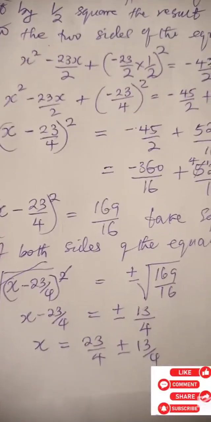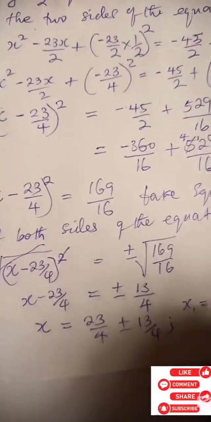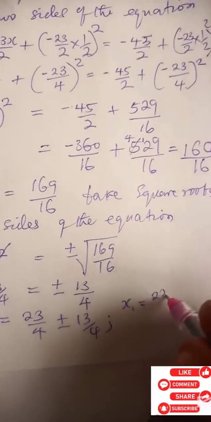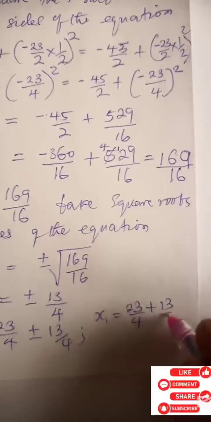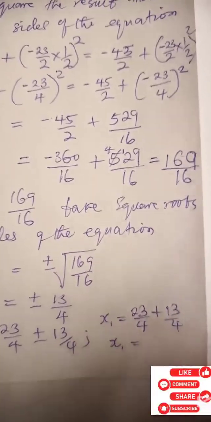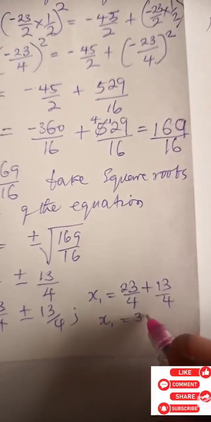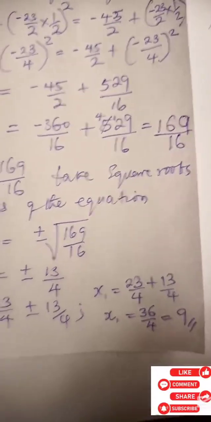And since we know that quadratic equation have two results, x1, the first value of x, will be equals to 23 over 4 plus 13 over 4. So x1 will be equals to 23 plus 13 will give you what? 36 over 4, which gives you 9.